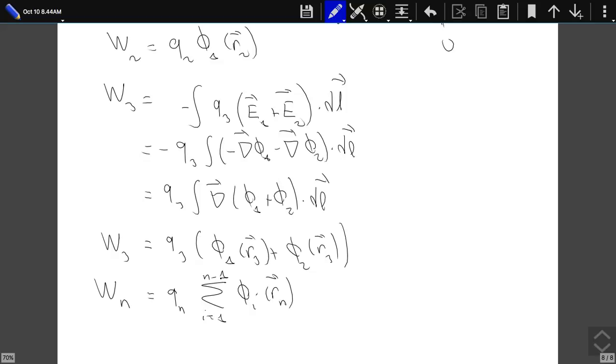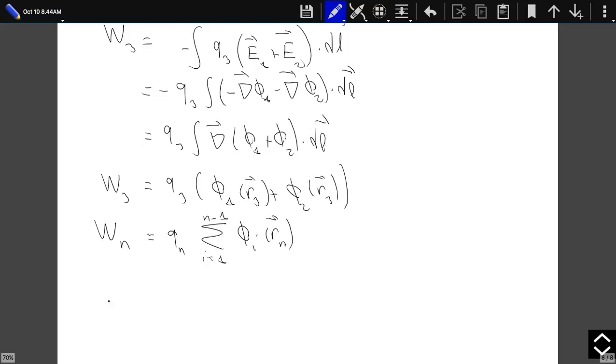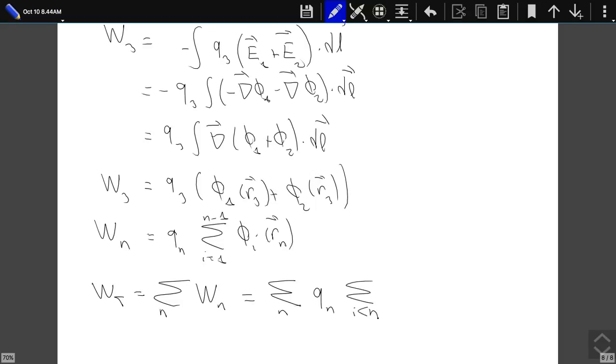Now we can talk about the total work done. This is nothing but the sum of the works done to bring each charge separately, summed over n. This is equal to the sum over n of Qn times the sum over i less than n of phi i at Rn.